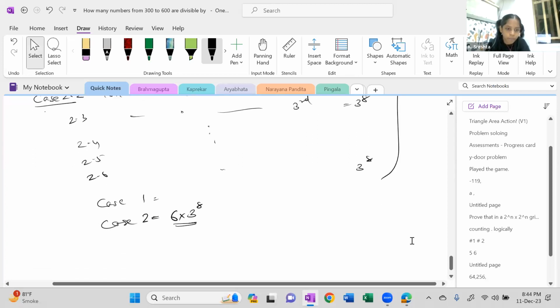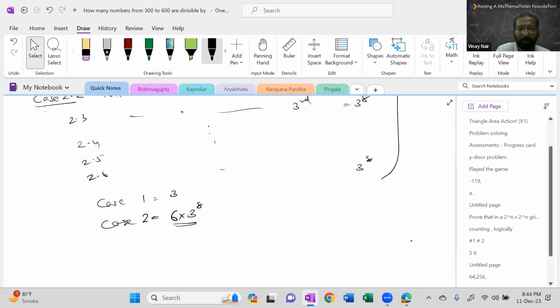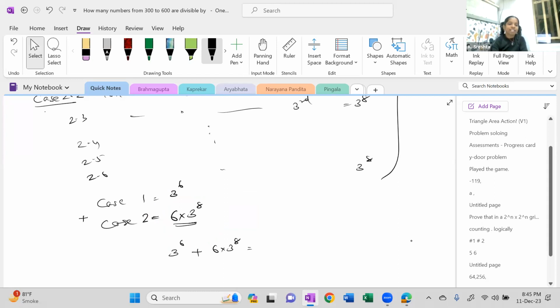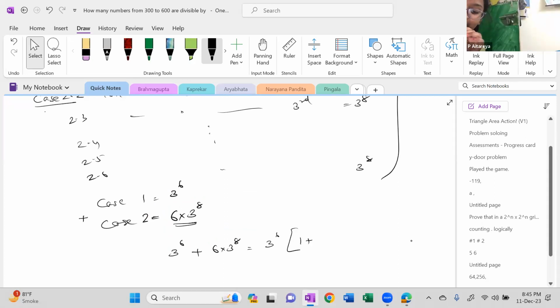Yes. And case 1 was 3 power 6. So it is case 1 plus case 2, which is 3 power 6 plus 6 times 3 power 8. Sir, to calculate this, we need a super mega calculator. No, we can simplify things to something like this.